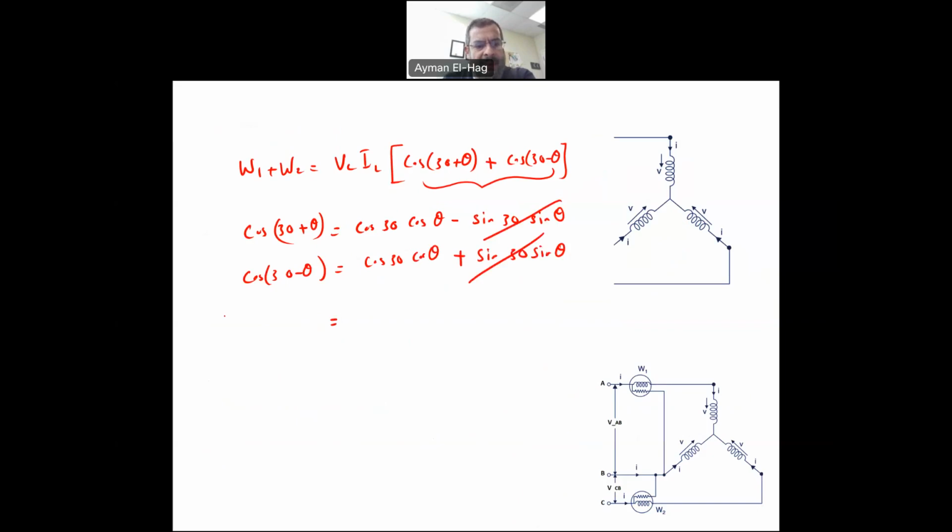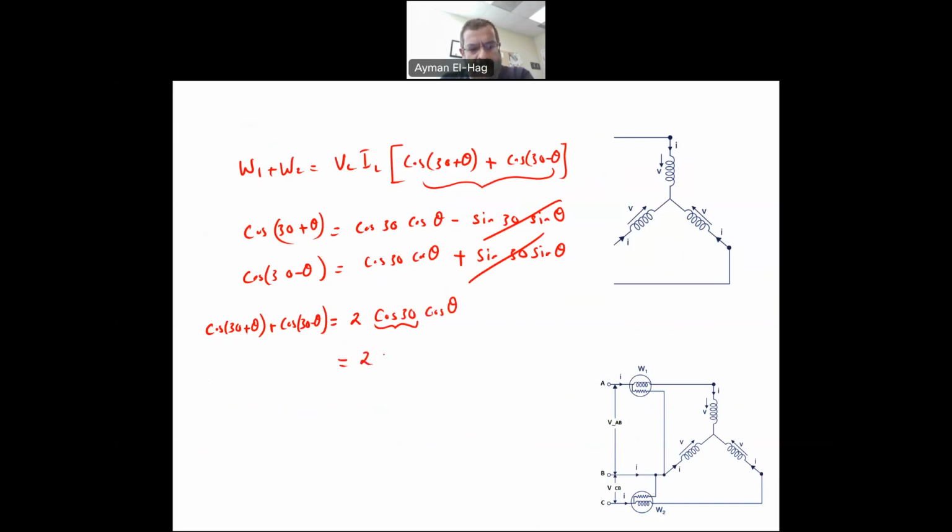Now this will cancel, and when we add cosine 30 plus theta plus cosine 30 minus theta, it will equal 2 cosine of 30 cosine of theta. Now, cosine 30 is root 3 over 2.